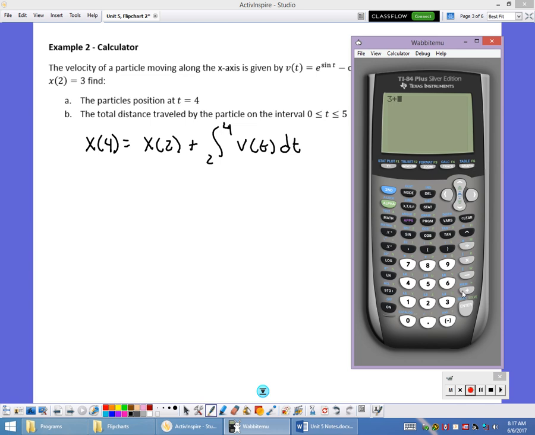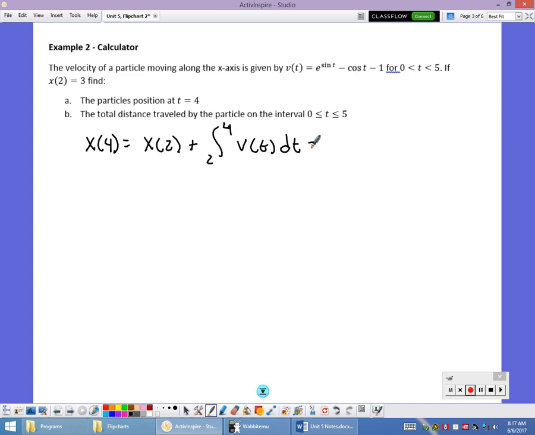So it's 3 plus the integral, which is math 9, between 2 and 4. And then right here, I'm going to use the y bars function. So function 1, bring back y1, dx. And so that's going to be 5.226.